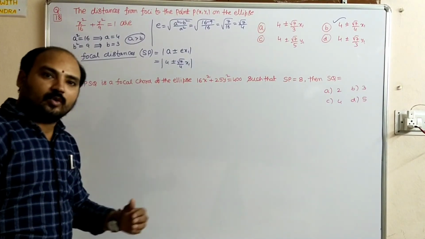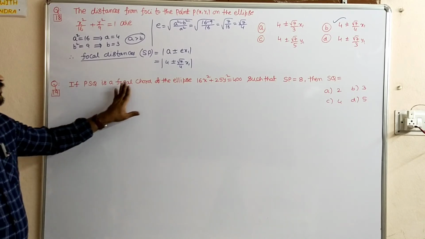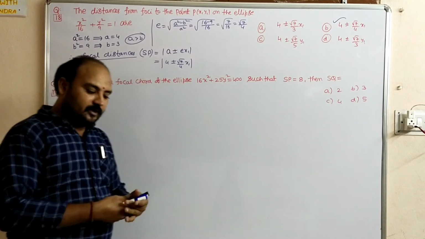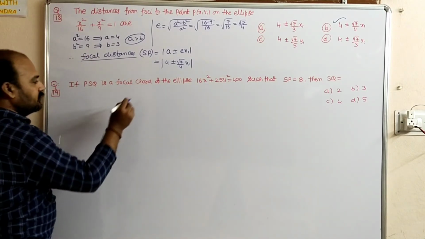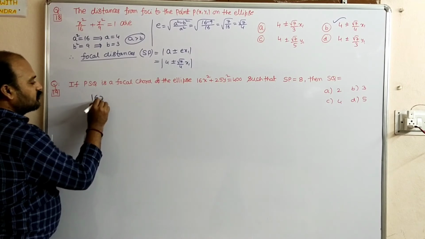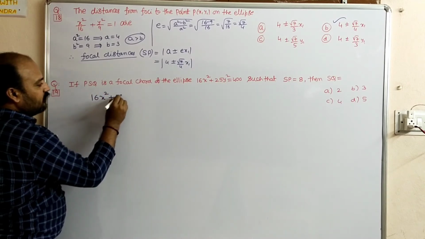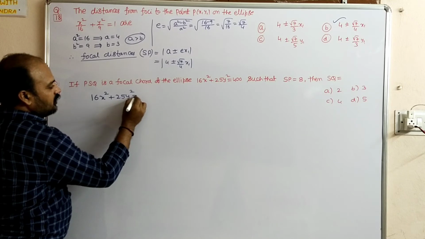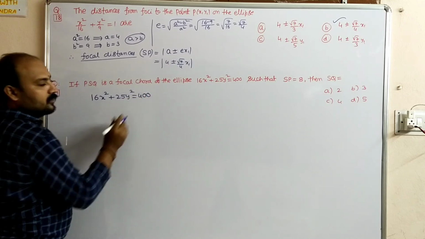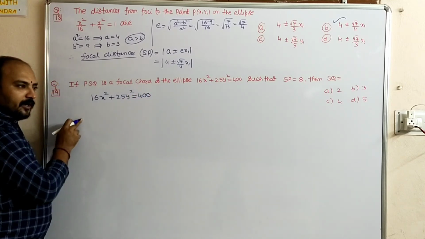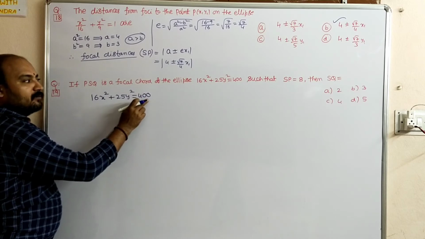Yeah, first what we have to do: PSQ is a focal chord of the ellipse, which means we first have to write the ellipse equation, 16x square plus 25y square is equal to 400. Dividing by 400, 16 into 25 times it will be divisible.